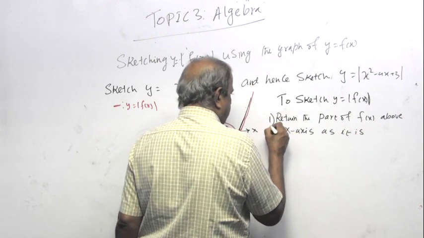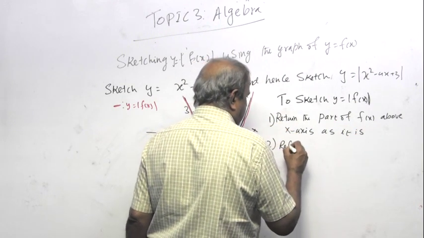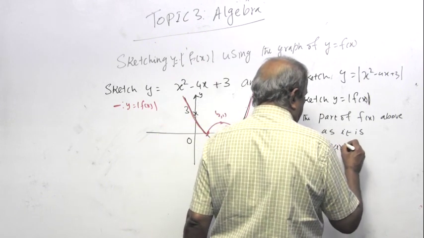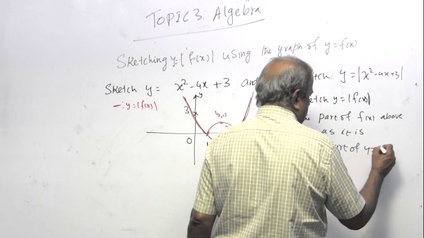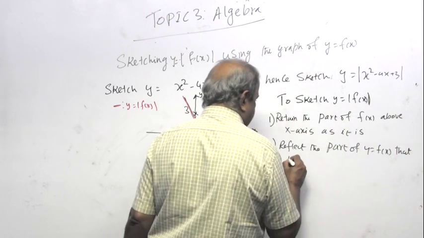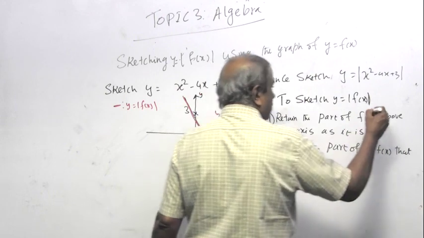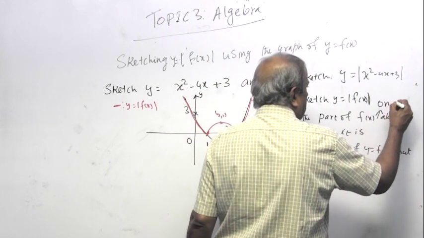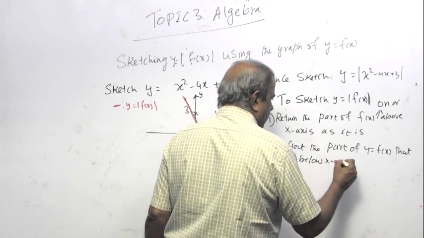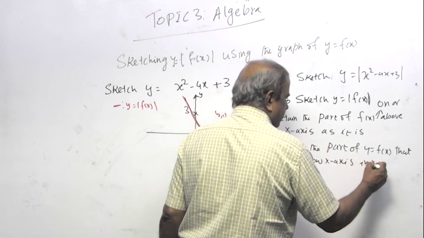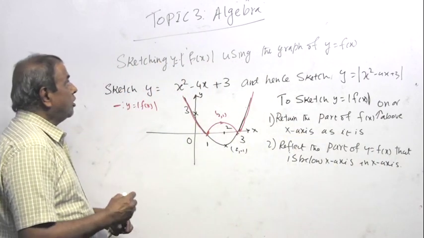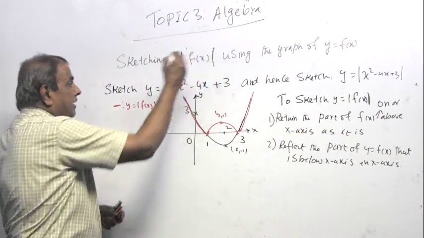Two, reflect the part of y equal to f of x that is below the x-axis. So f of x on or above the x-axis stays, below the x-axis is reflected in the x-axis. So that is how you sketch modulus of f of x.